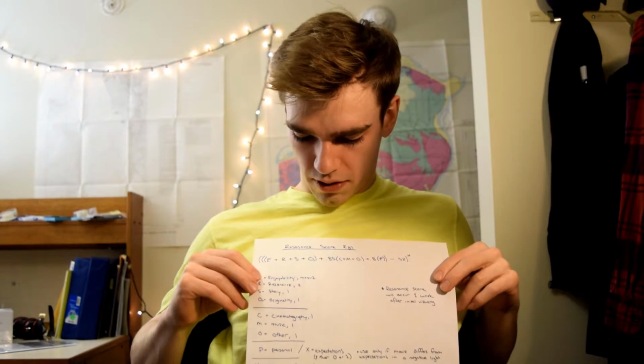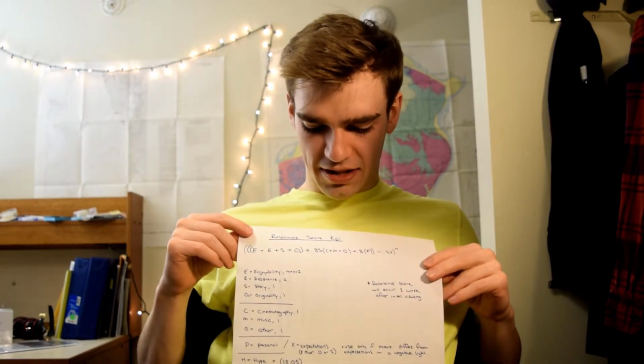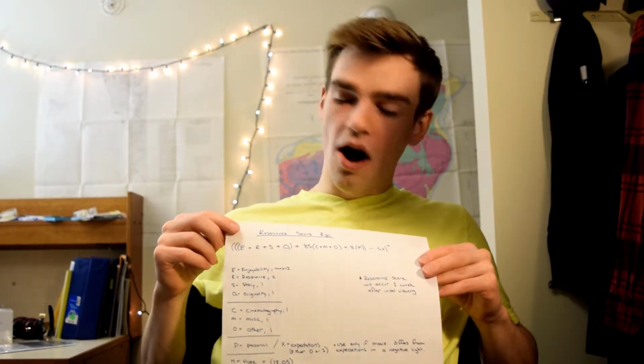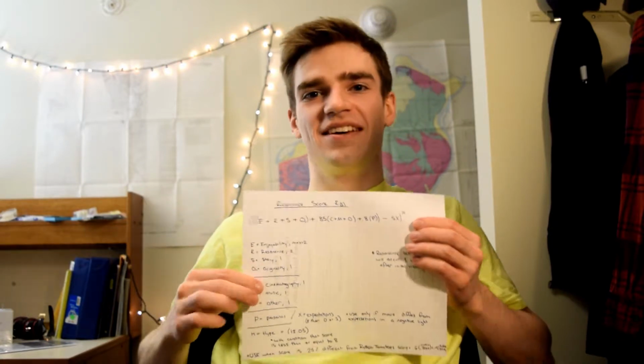Pretty much it is E plus R plus S plus OR, in parentheses, plus 0.85 times C plus M plus O plus 0.8 times P, minus 0.5 X, all in parentheses, to the power of H. Yes, this is the score that really matters right here.